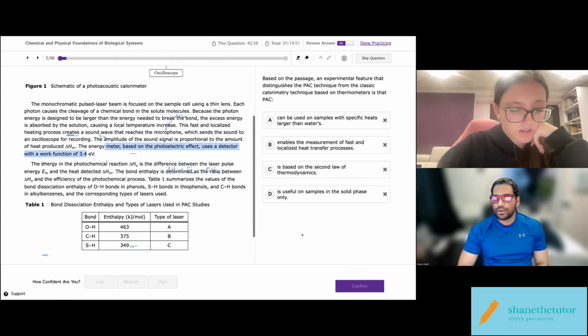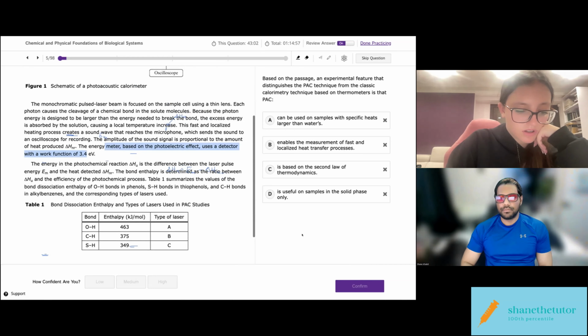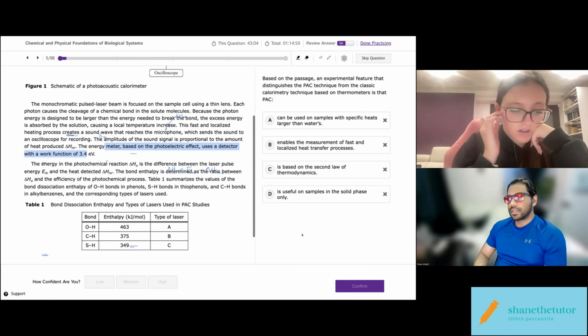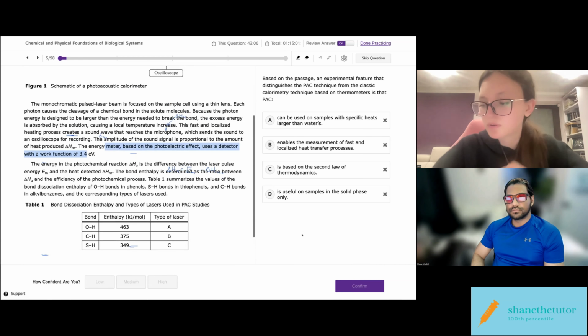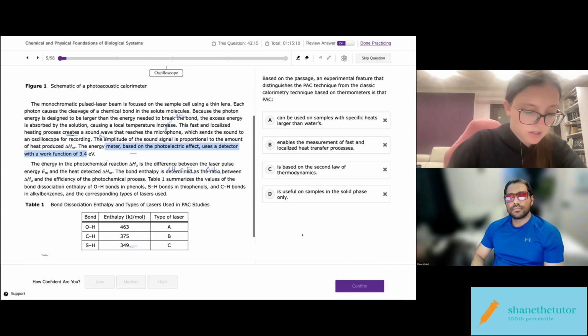Tell me a little bit more. When you were explaining PAC to me, you were saying the object is inside of it and there's a thermometer attached as they're measuring.